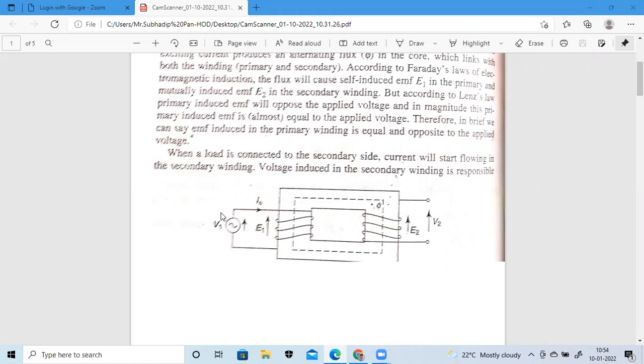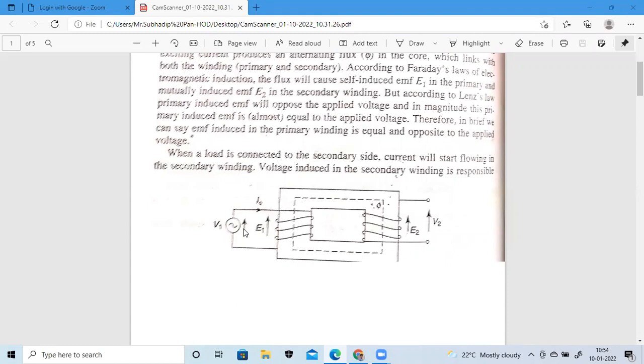How can we represent the sinusoidal voltage in instantaneous form, in sine terms? Vm sin omega t.